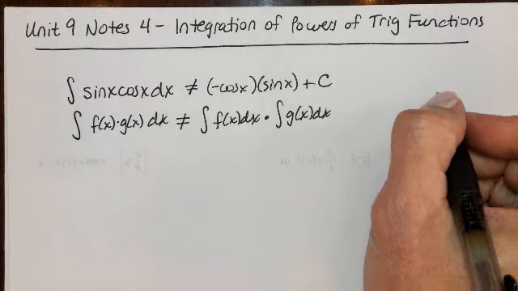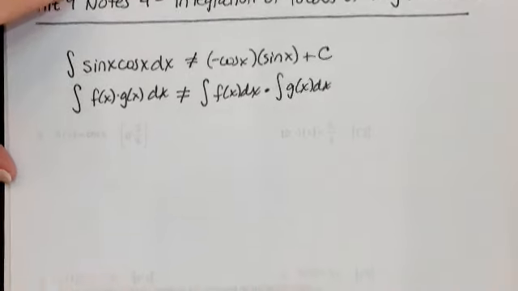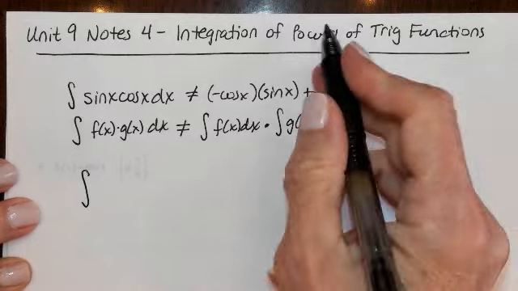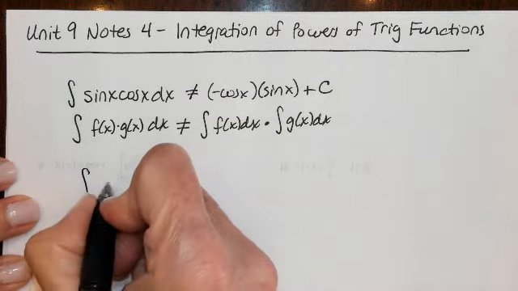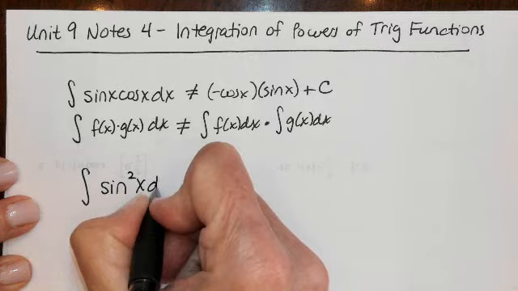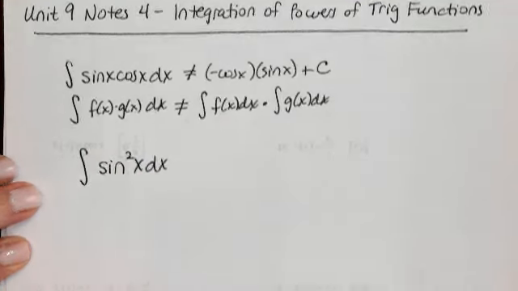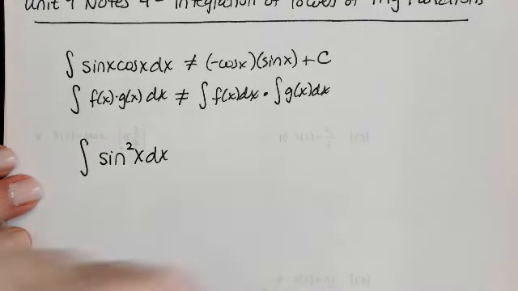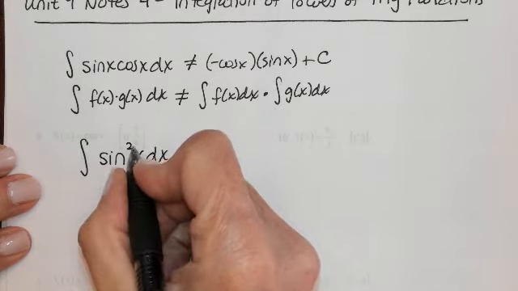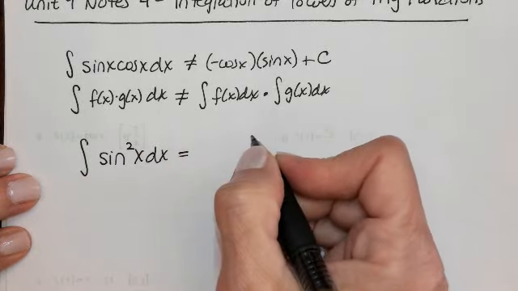Another thing that kids like to do here, because we're doing these powers of trig functions, if we have, let's say, sine squared dx in here, for some reason kids like to say, oh, it's just a power, I can use the power rule.